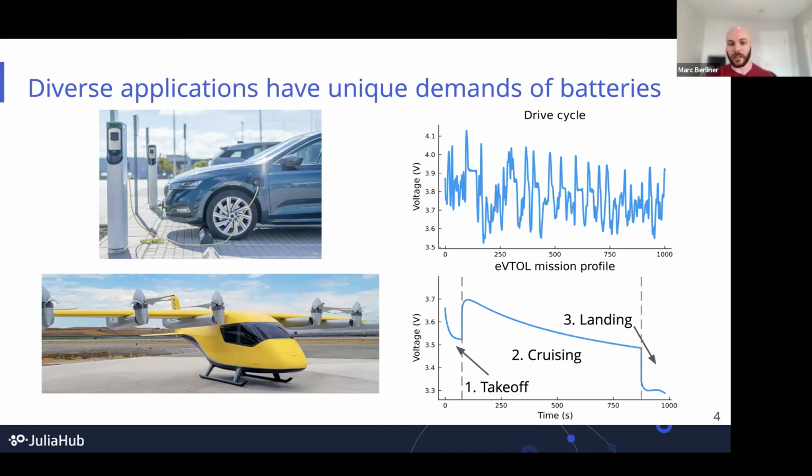So you have a very stringent requirement for high energy at the takeoff. Once you're in the cruising altitude, it's a little bit less stringent on the amount of energy that's required. And then once you enter the landing phase, you require a higher C rate than, or similar to what you would have during the takeoff phase. But overall, it has a very much flatter appearance in the voltage profile compared to something like a drive cycle.